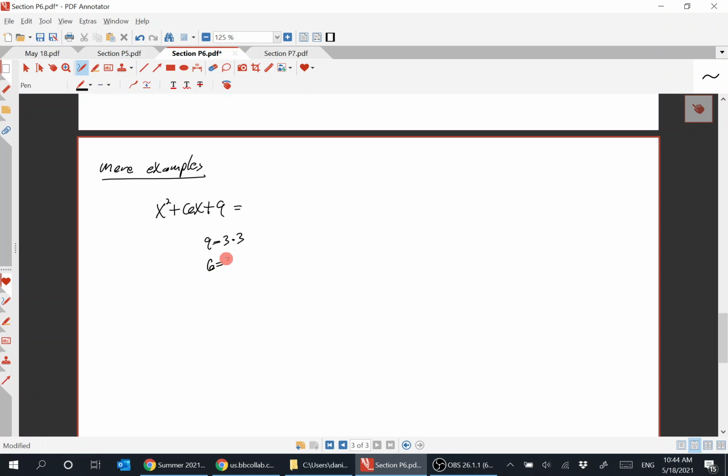And 6 is equal to 3 plus 3. So the final answer here is going to be x plus 3 times x plus 3, which is also x plus 3 squared. So either of these is an acceptable final answer. This one is better, but either one is fine. 9 is equal to 3 times 3, and 6 is equal to 3 plus 3.